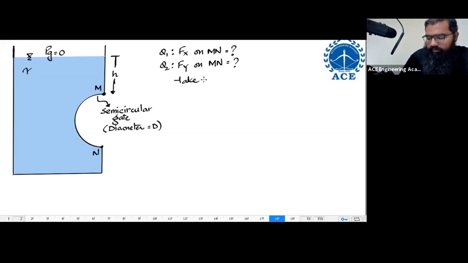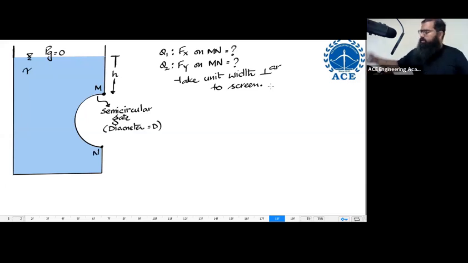Take unit width perpendicular to screen. Please try this question. The diagram is pretty clear. You are given some important parameters. H is important over here, gamma is important, D is important. Every important parameter is already mentioned over here. Please start.